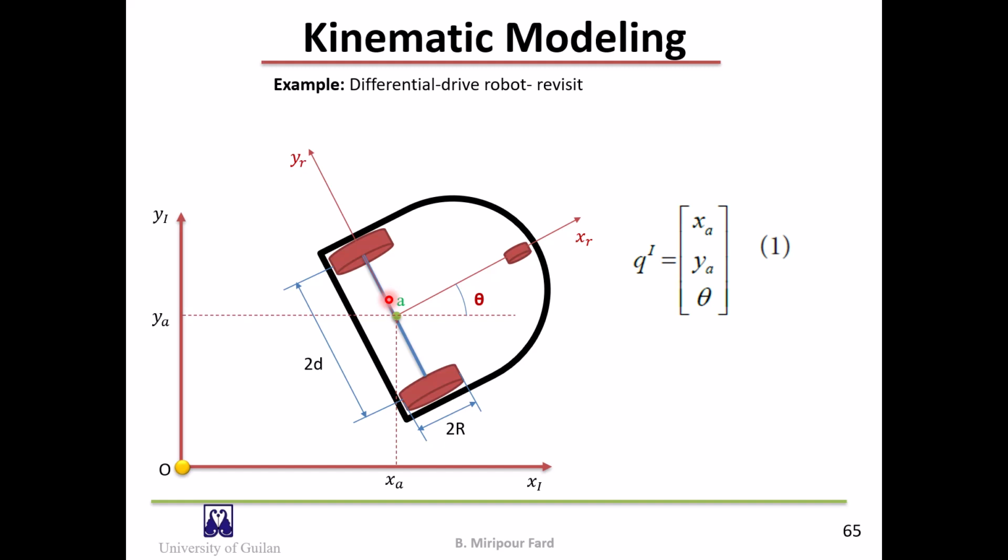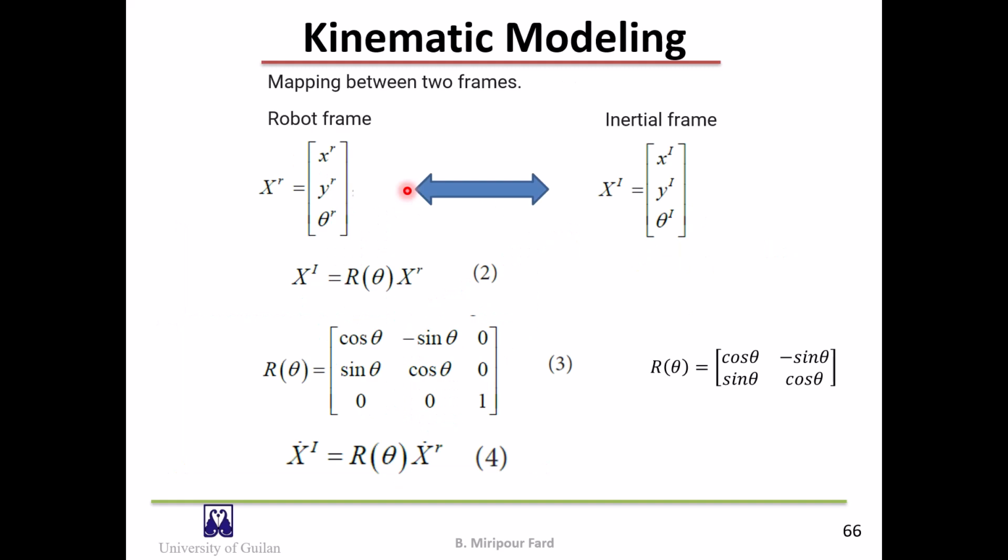The angular velocity of the right and left wheel is denoted by phi R and phi L respectively. Let XR and XI be the coordinates of the given point in the robot frame and inertial frame respectively. Then the two coordinates are related by the rotation matrix shown in equation 2.